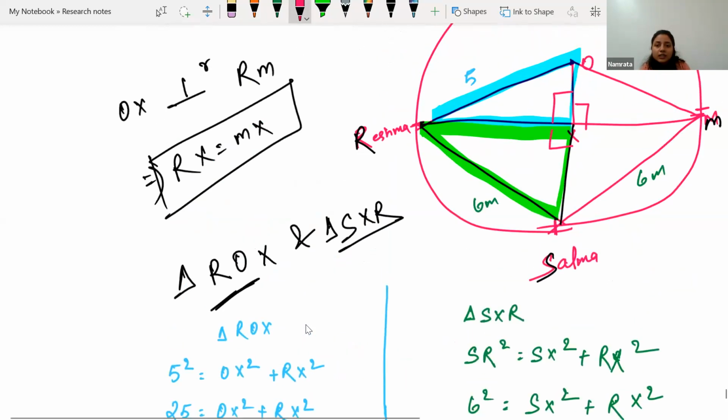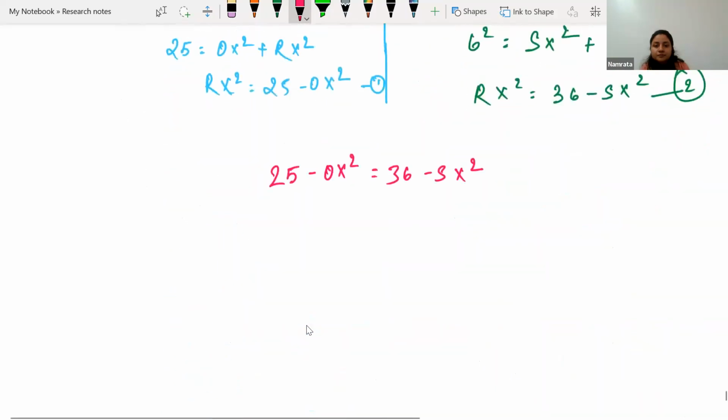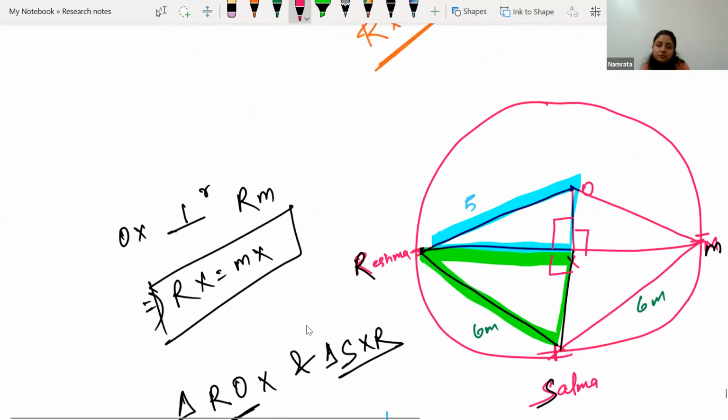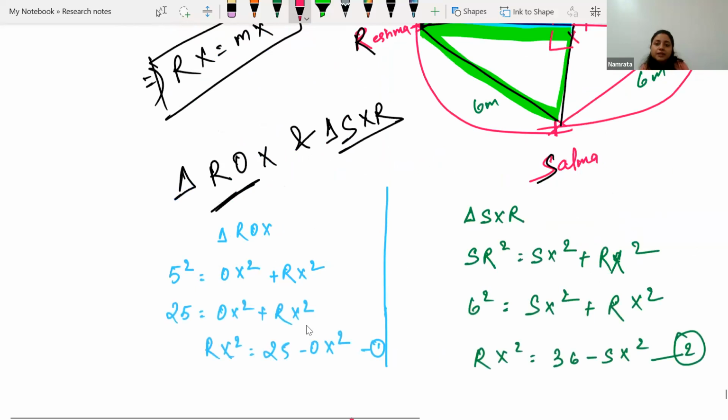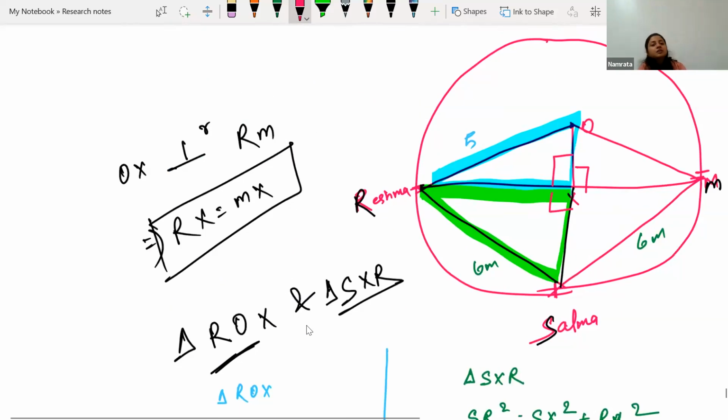Now OX, SX. We know that this complete OS is the radius of the circle. Can I say OS is the radius of this circle? Am I making sense to you? OS is the radius of the circle. Yes, we have joined the center with a point on the circle, and that is the radius.